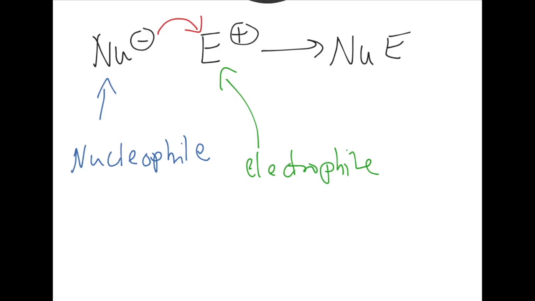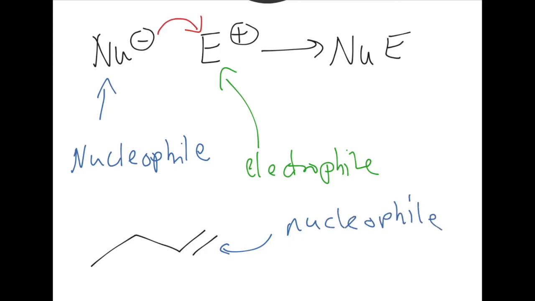For our first few reactions that we're going to be doing, the pi bond in a double bond is going to be a nucleophile, right? If you think about a double bond, you only need 2 electrons to hold 2 carbons together.